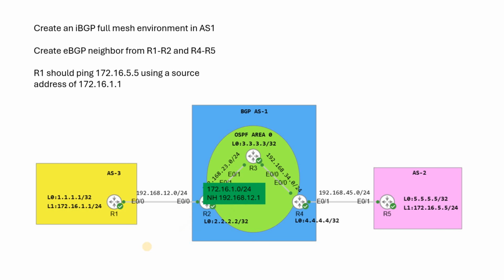But when it sends that update to router 3, router 3 is going to look at that and say, I don't know anything about the next hop of 192.168.12.1. I can't reach that address. So by telling R2, or my border routers, to update the next hop address to themselves, this will allow our iBGP routers to receive updates from other autonomous systems.